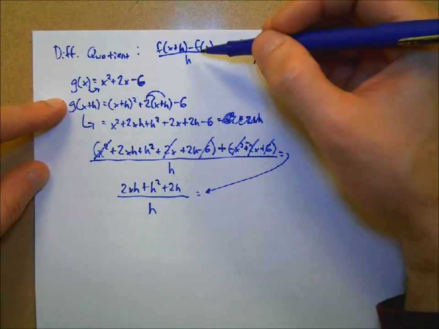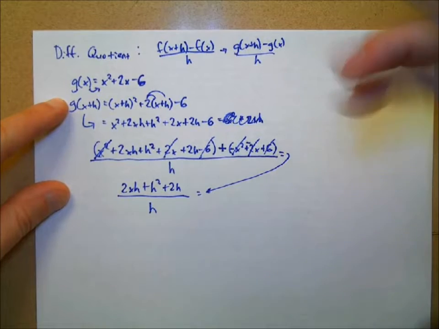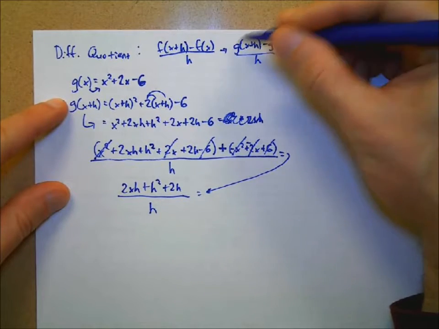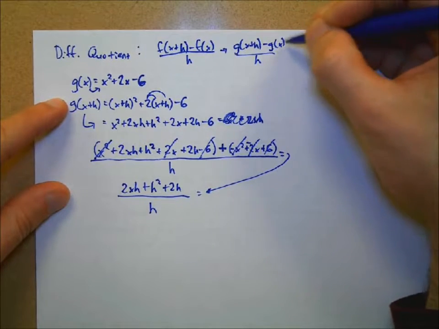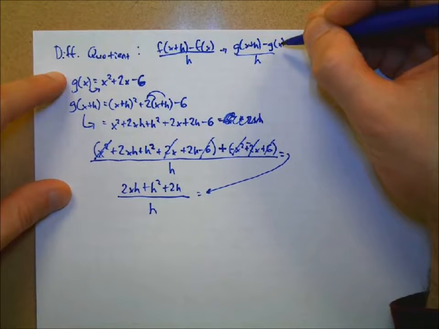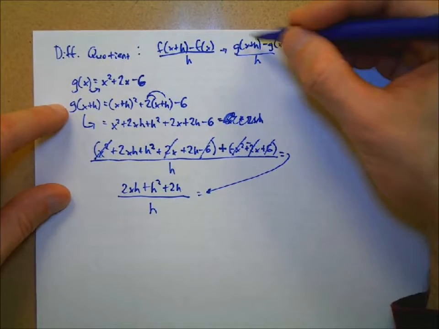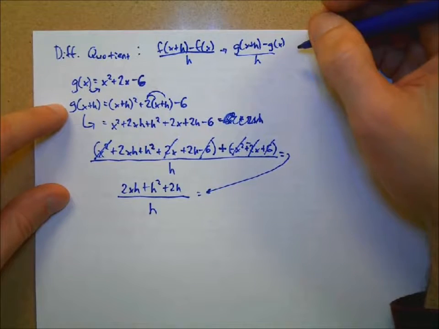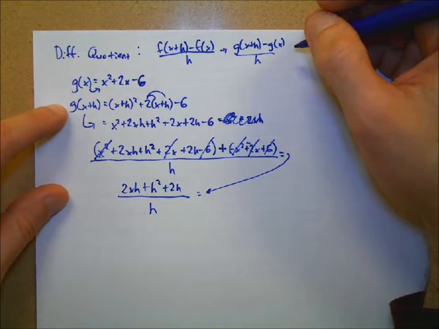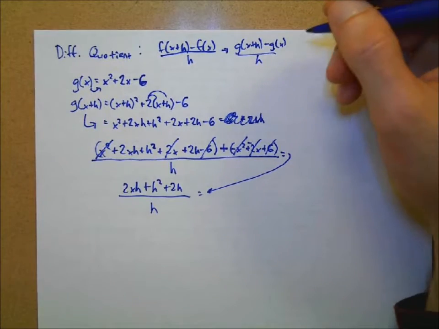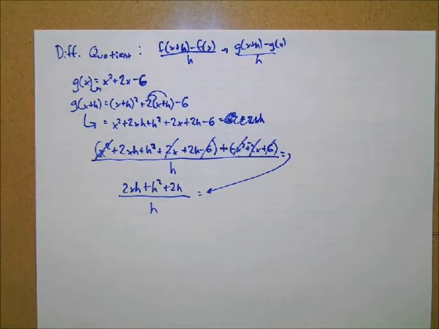In an effort to make this simpler, we're evaluating the difference quotient. I already know this piece of it. I know what g of x is, that was given to us. I wanted to figure out what g of x plus h was. You plugged in x plus h for every x. Exactly, isn't that what you're supposed to do? That makes sense. Yes, I get it. Okay, everything makes sense.